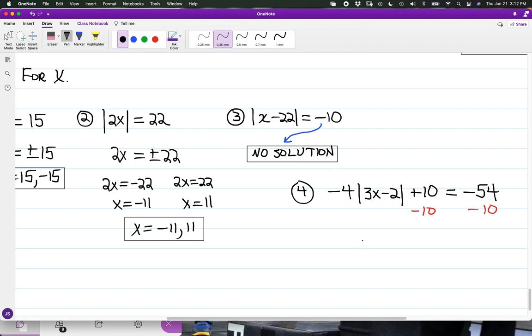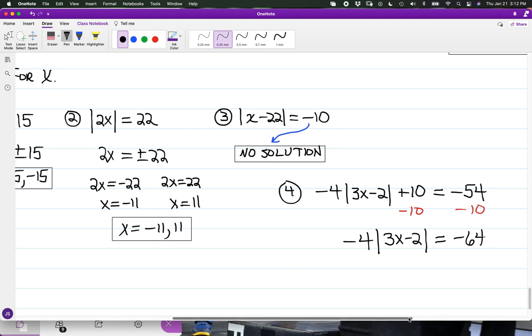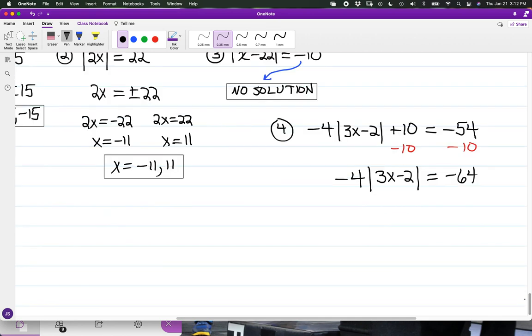In the rewrite, we have negative 4 times the absolute value of 3x minus 2 is equal to negative 54 minus 10, so this will be negative 64. And again, we take care of the coefficient negative 4 not by distribution, but by division.